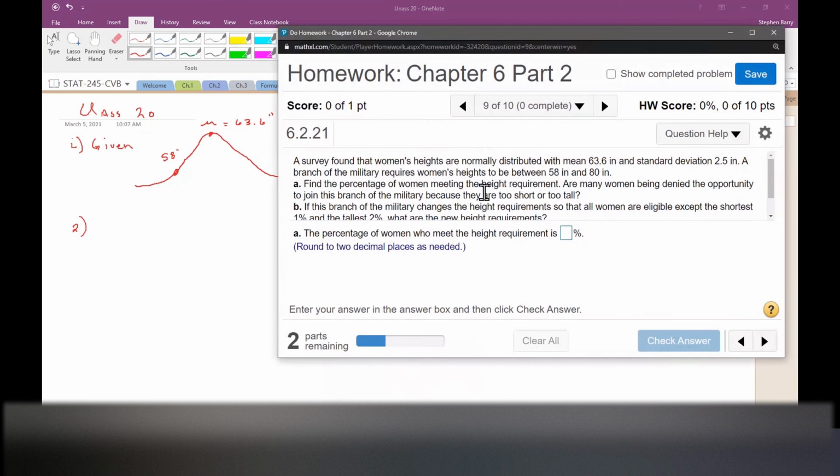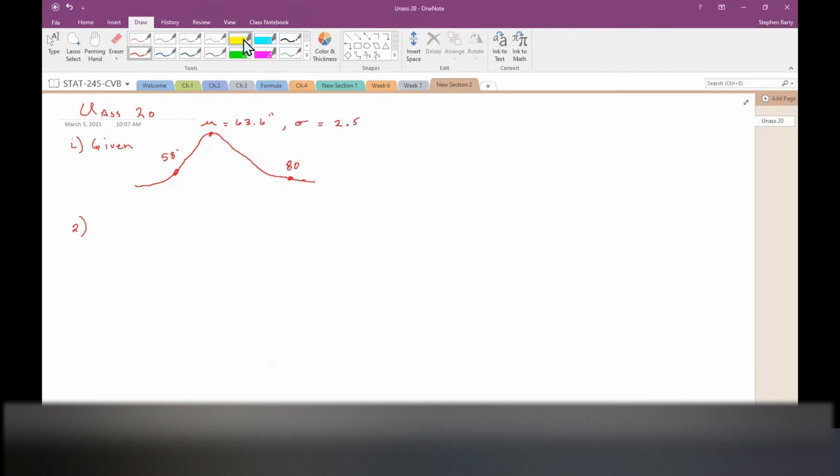Find the percentage of women meeting the height requirements. In other words, how many are in between these two values? You have to be between these two values to join. And so the question is, what is the probability of this, everything in between these two values?